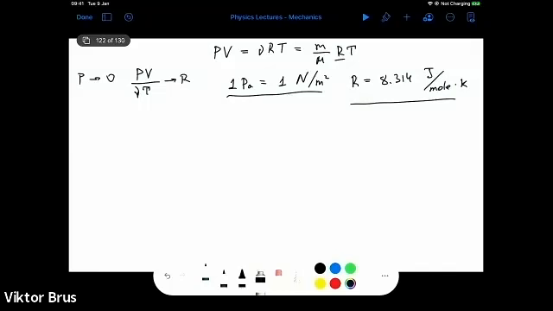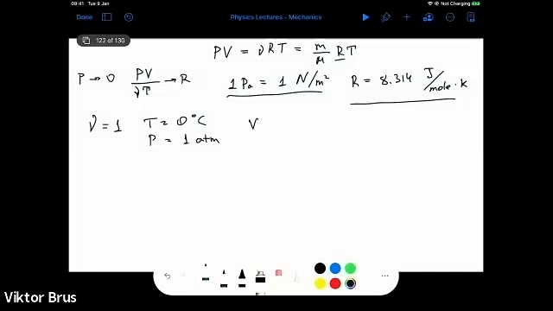Using this value of universal gaseous constant, we also can determine what will be the volume occupied by 1 mole of ideal gas at standard conditions. So we have nu equals 1, temperature is 0 degrees Celsius, pressure is 1 atmosphere.